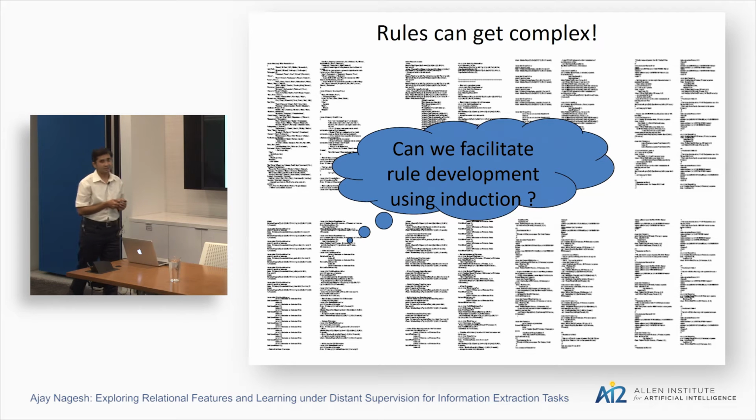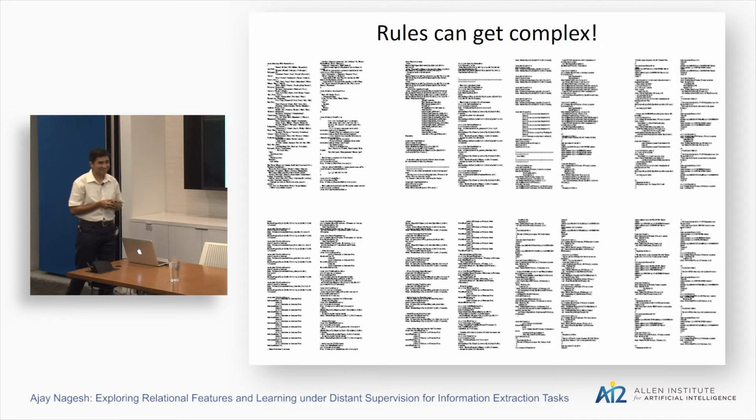So, this is a pretty small font, can you give us a sense of some of the complexity? Yeah, it's deliberately in small font because the rules are built on top of each other. There are a couple of views which are combined together, like first name followed by last name.